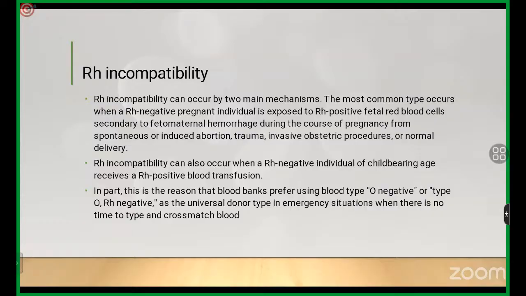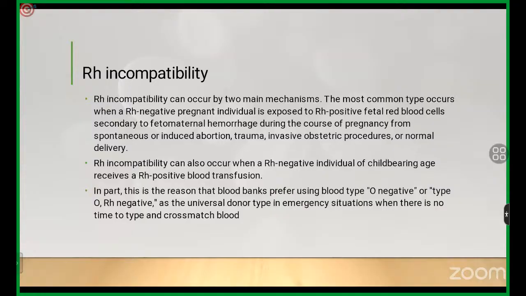And again, as we are going to look at, there are issues that can sensitize the mother to induce fetal maternal hemorrhage, especially blood transfusion, or exposure to a foreign organ.